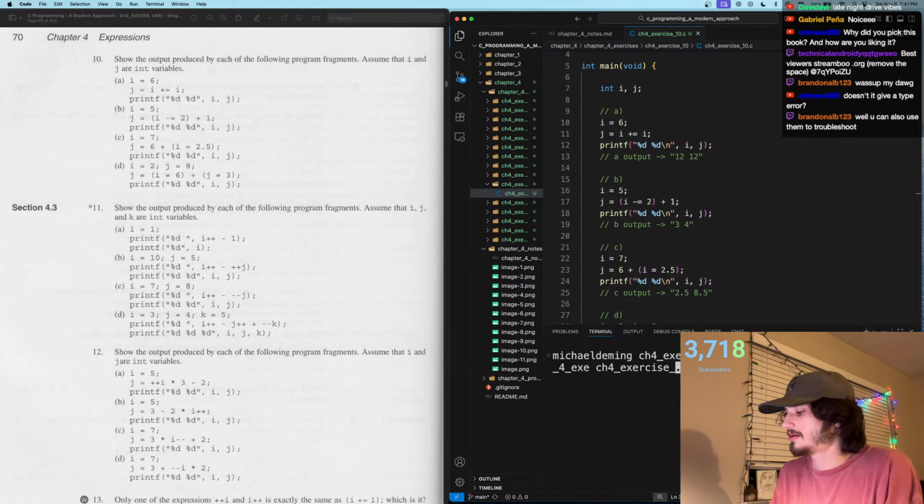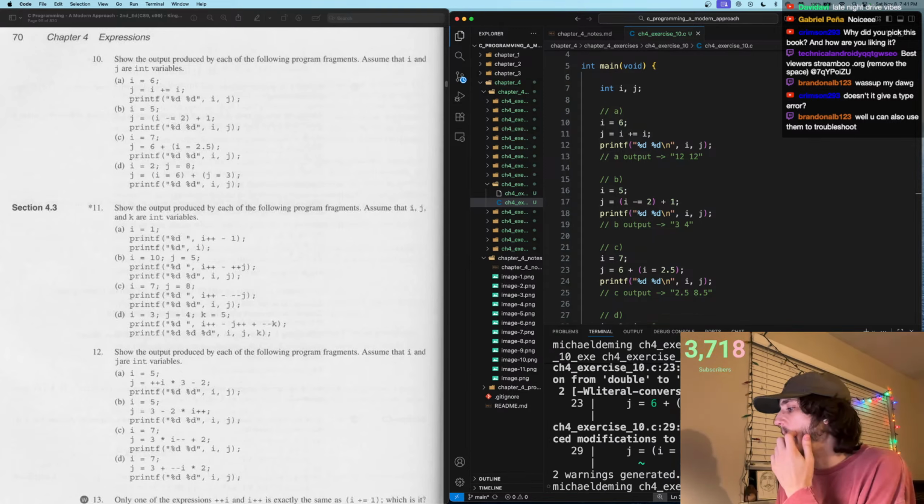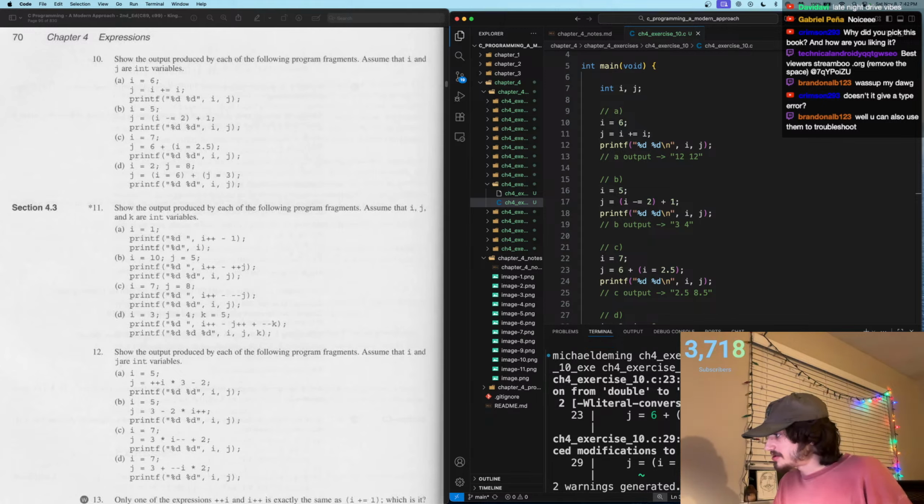This is exercise 10. Okay, so you actually can't do this. Oh yeah, you can't assign I to 2.5 here, it's an int. So this gives you an error, and then this one gives you multiple sequences modified to J. You can't modify J within the same modification.